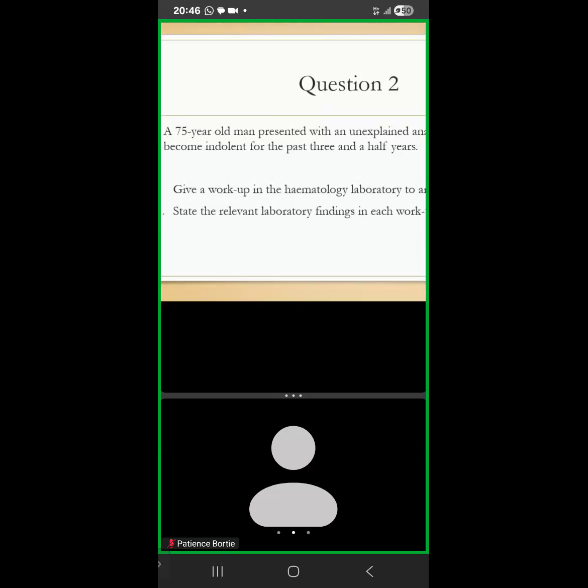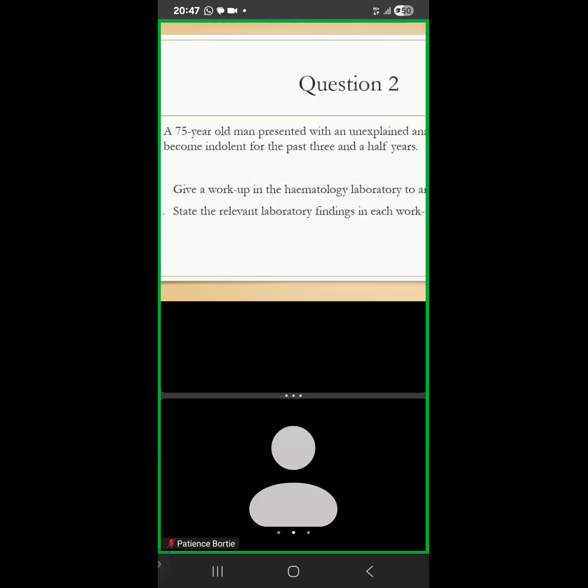As we go on, we must pick the bits and pieces about language. As soon as we say the anemia is unexplained, it means no hemolysis, no blood loss anywhere, but there's anemia. Meanwhile, it has become indolent or refractory, meaning whatever you do about it is not correcting. And so if anemia becomes refractory or indolent, our thinking should be a myelodysplastic syndrome.